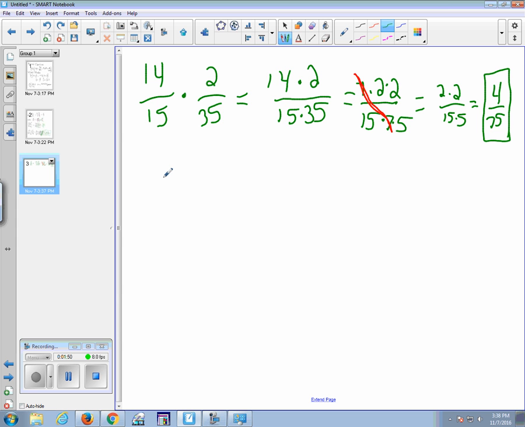It's no different if we go from numbers to monomials. So 14x squared over 15yz times 2 over 35xy squared.